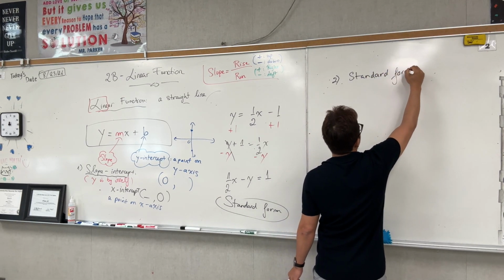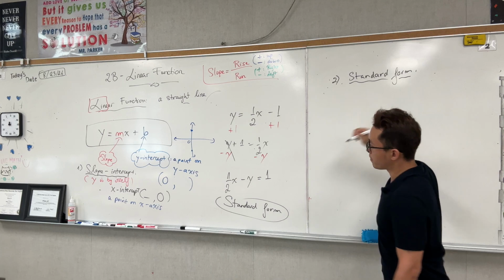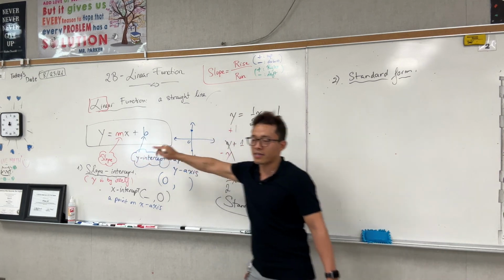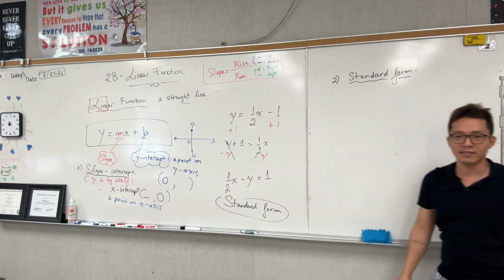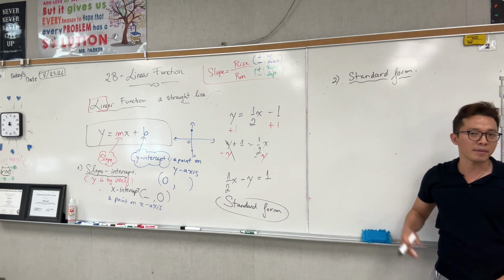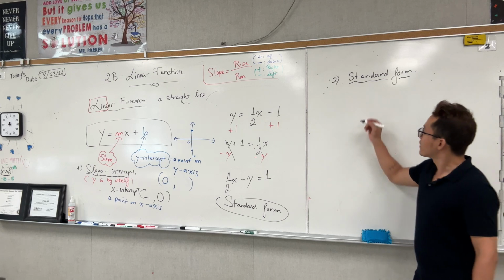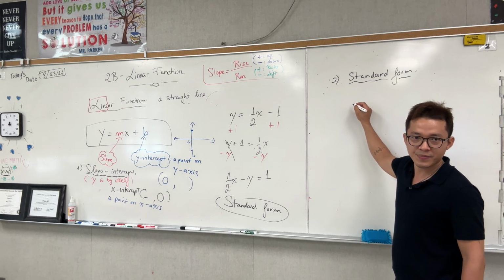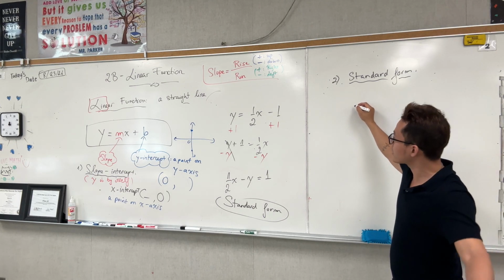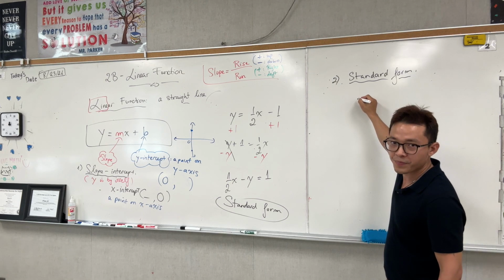Who can give me the general form? Something similar to this, but they're not going to use m and b. They use different letters. Remember, teachers have so much time on their hands, they just come up with other letters. Do you know? Is it A, B, and C? So what is the general form?